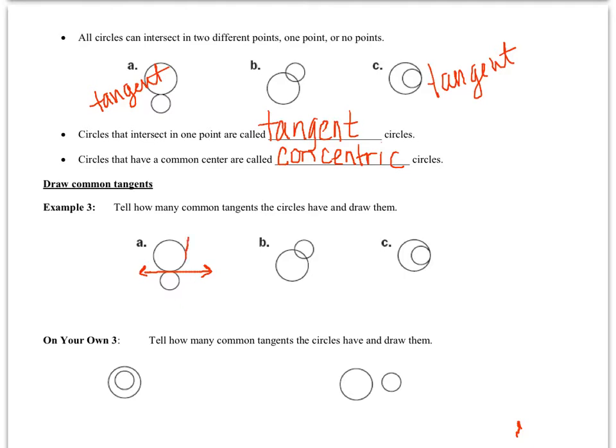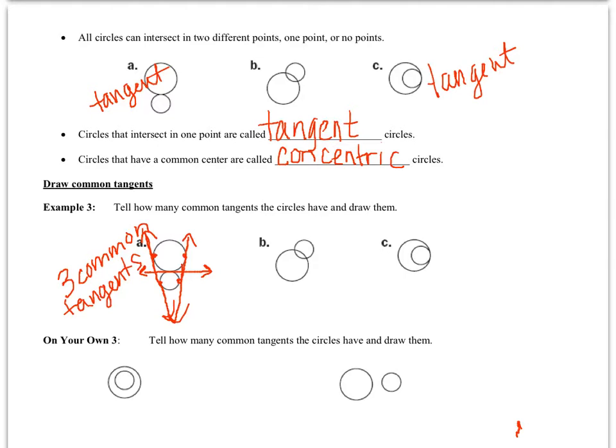It's not real easy with my stylus. There's going to be something like this that touches here and here. And then there's going to be another one over here that touches here and here. So these 2 circles would have 3 common tangents.